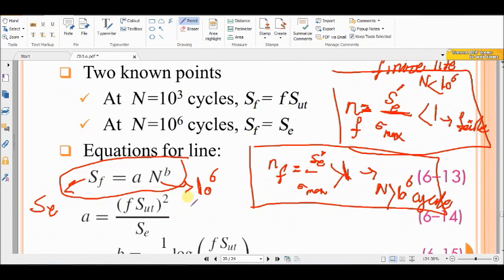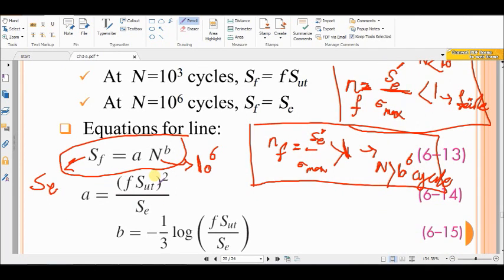And one more thing you have to notice, this equation is valid when the load is completely reversed. You are not allowed to use this equation for fluctuating stress. Fluctuating stress means sigma max is not equal to the absolute value of sigma mean.